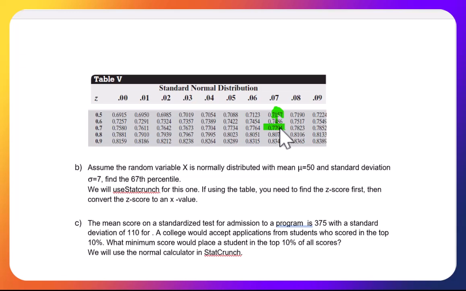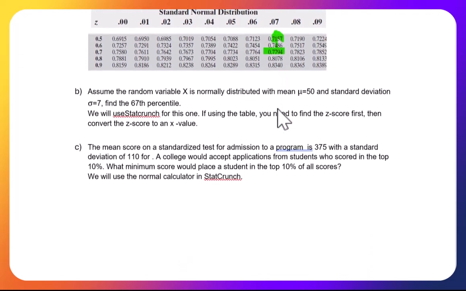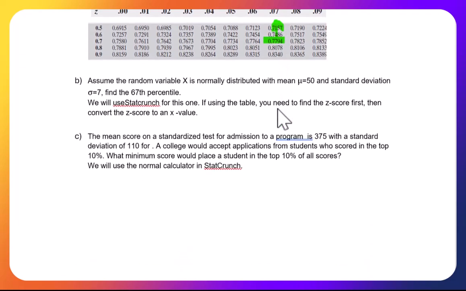If you read the z-score from this area, it should be 0.7 right here and 7 right there. So it's 0.77. But again, you can use StatCrunch. You don't need to use the table.